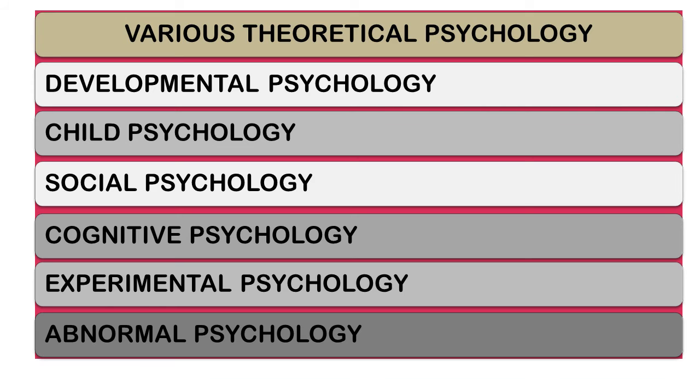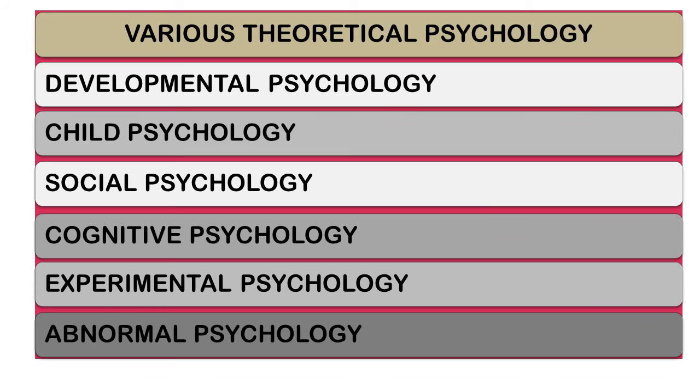Social psychology. Social psychology is the scientific study of how people's thoughts, feelings, beliefs, intentions and goals are constructed within a social context. Cognitive psychology.